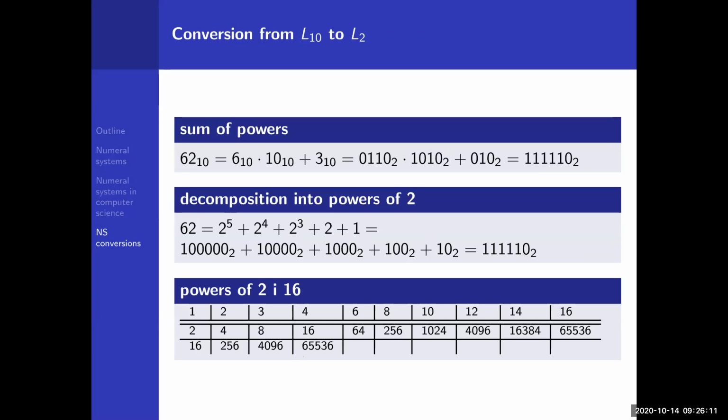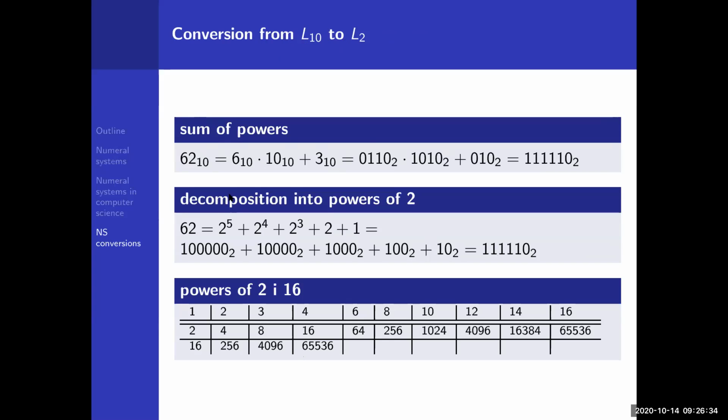But now I'd like to tell you about the opposite conversion, from decimal to binary, or from decimal to hexadecimal. There are several possibilities, but for us they seem to be quite hard to perform.